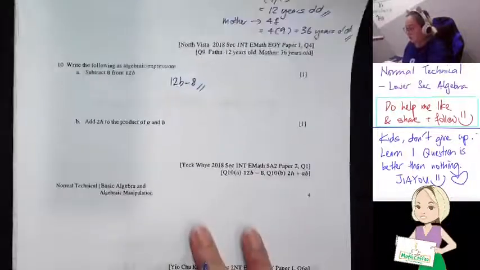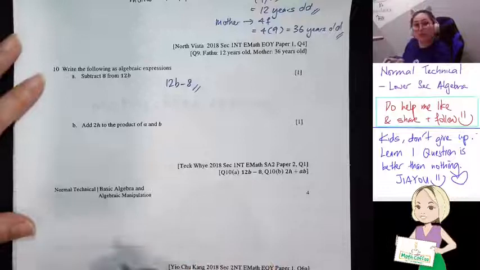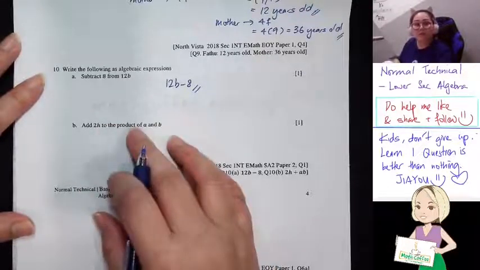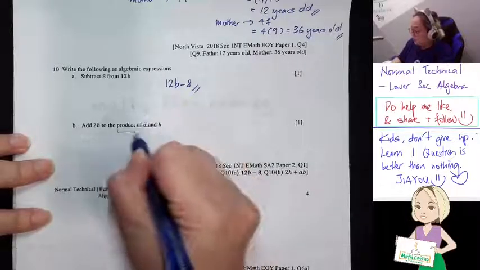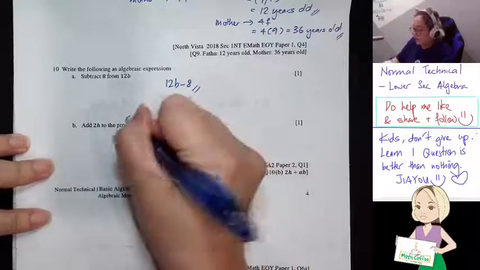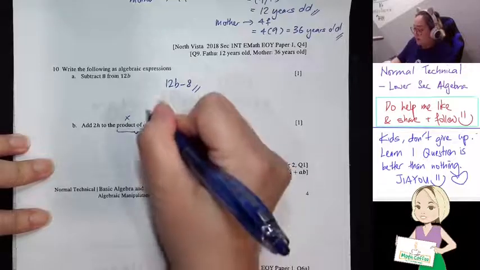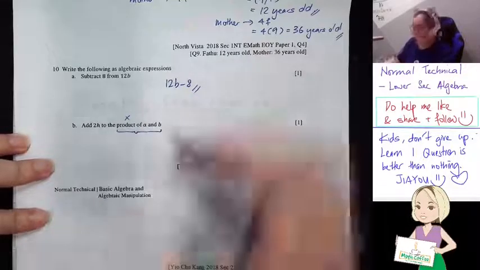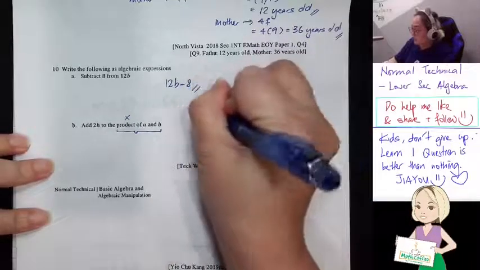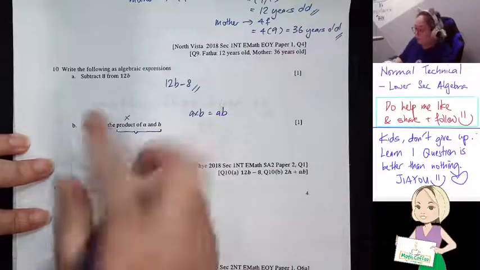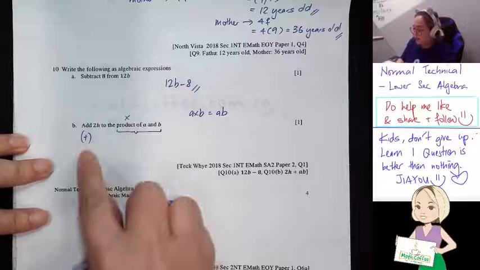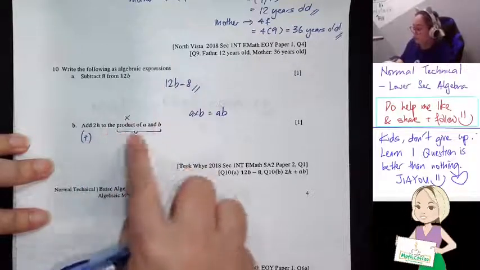This one increases a little bit more in difficulty. But remember just now we have product of AB. Product of AB means you got to multiply, so A times B, which you just write as AB. They say add, of course, we know is plus. So they say add 2H to the product of AB.